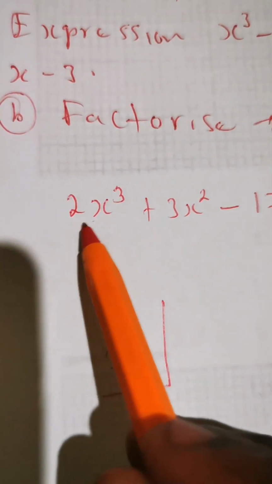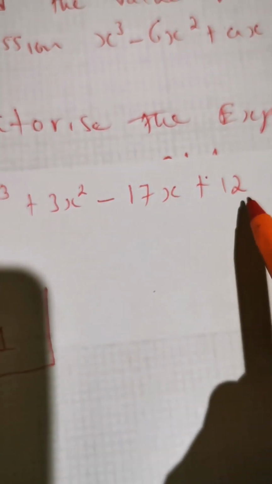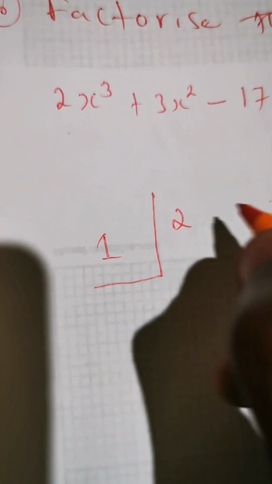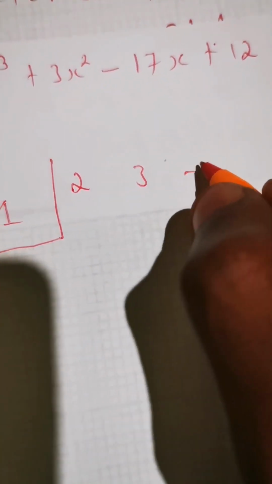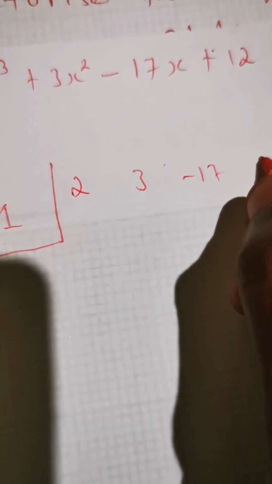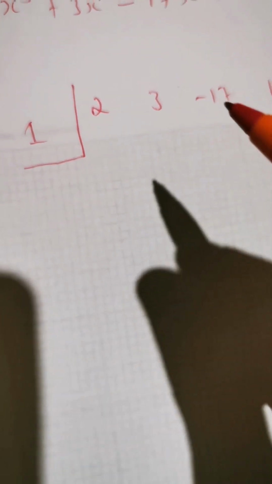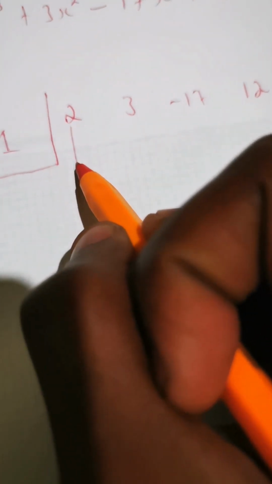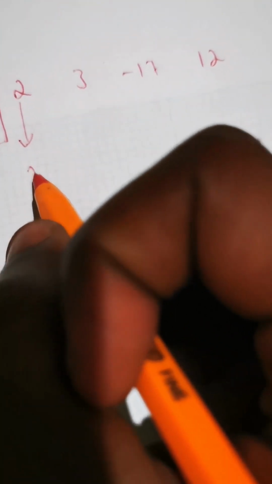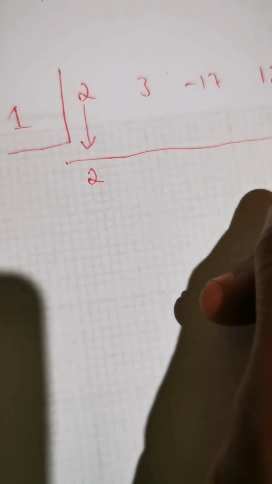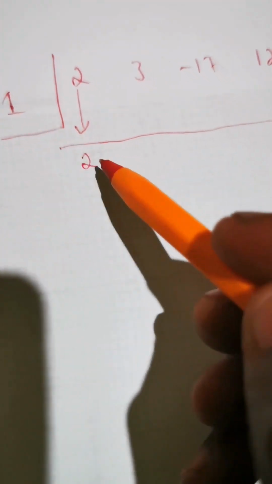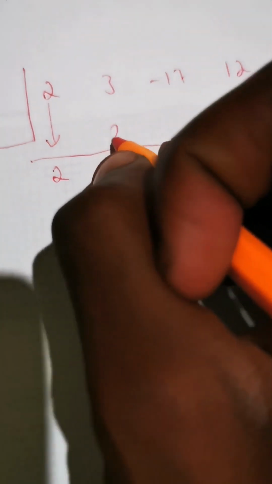Then you get the coefficients of these numbers. You start with 2, then 3, negative 17, then 12. Then you bring down the 2 here. Then 1 times 2 gives me 2.